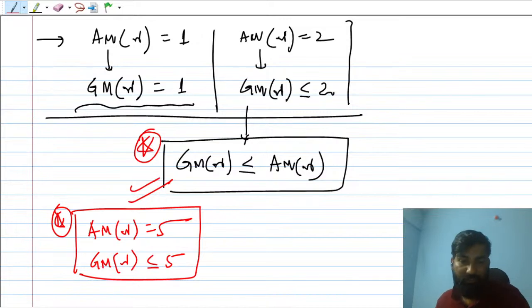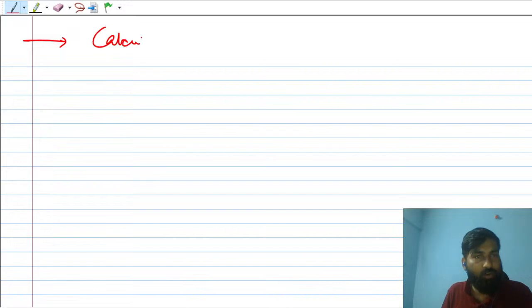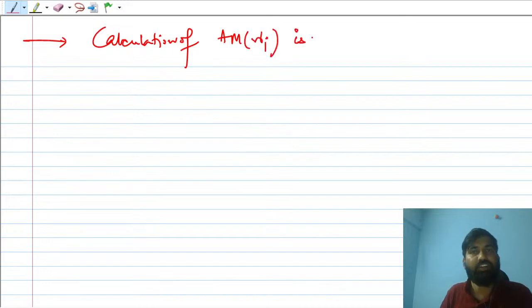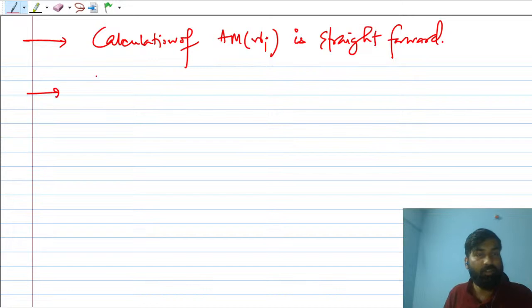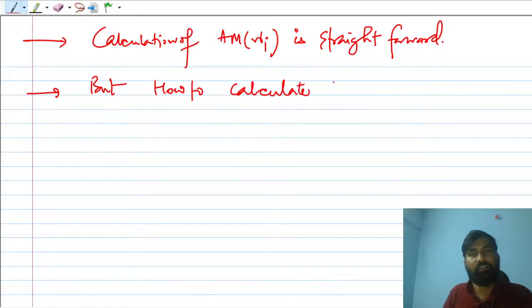So how to find geometric multiplicity? That you have to see. You can find algebraic multiplicity directly. Here I am just writing: calculation of AM of lambda I is straightforward. But how to calculate GM of lambda I?